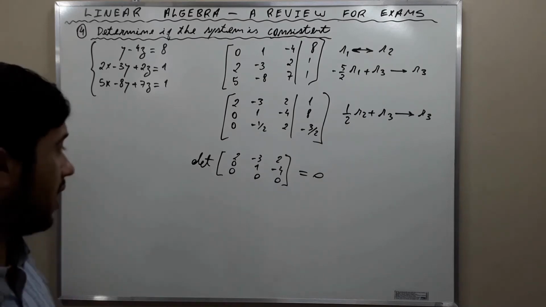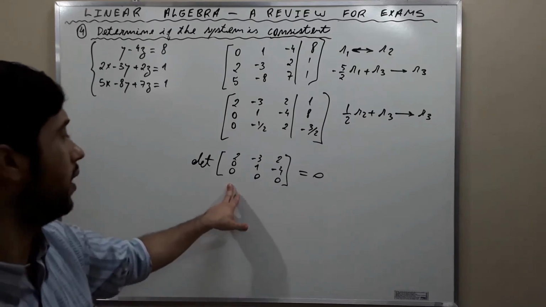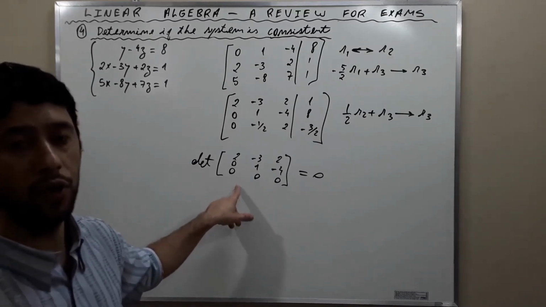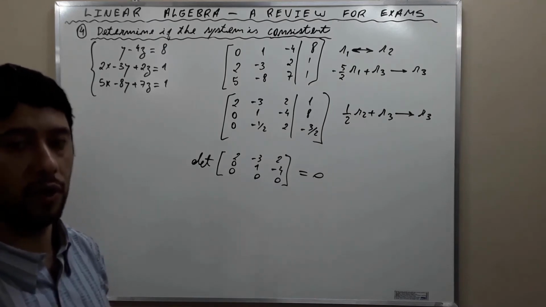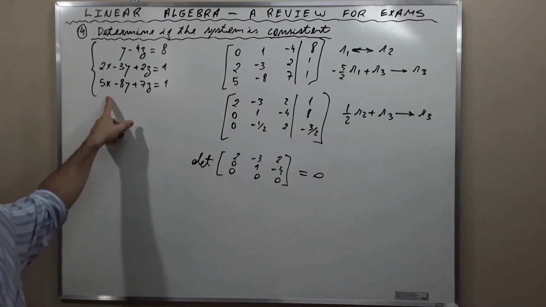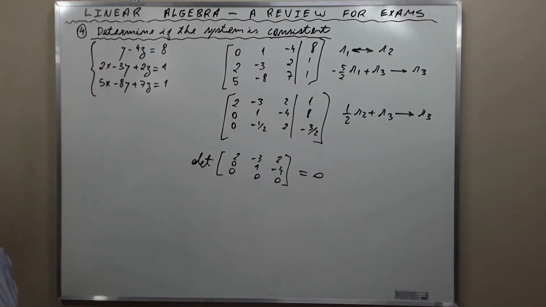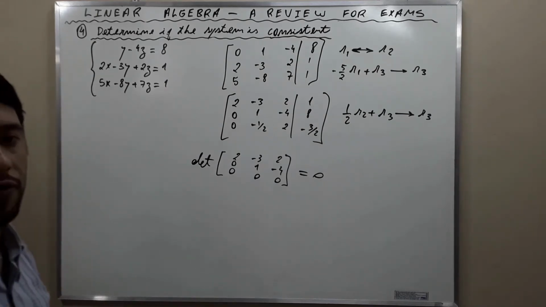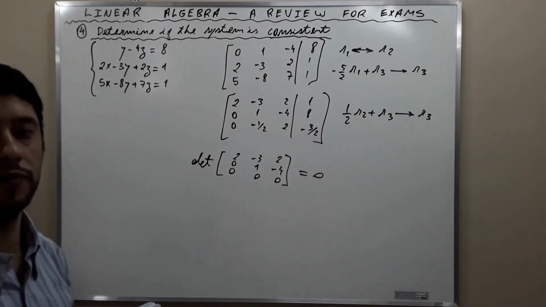Had the determinant of this matrix been different than 0, then the system would be classified as consistent. Okay, a consistent system has a triplet of values x, y, and z that satisfy simultaneously the equations. Okay, this is everything for topic number 4. Let's go to topic number 5.